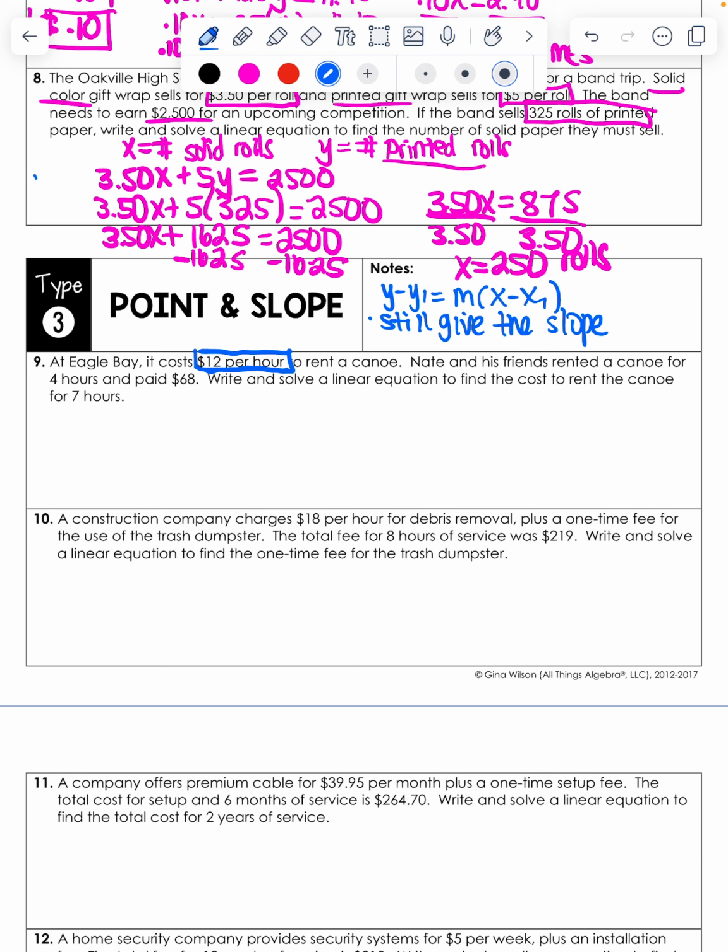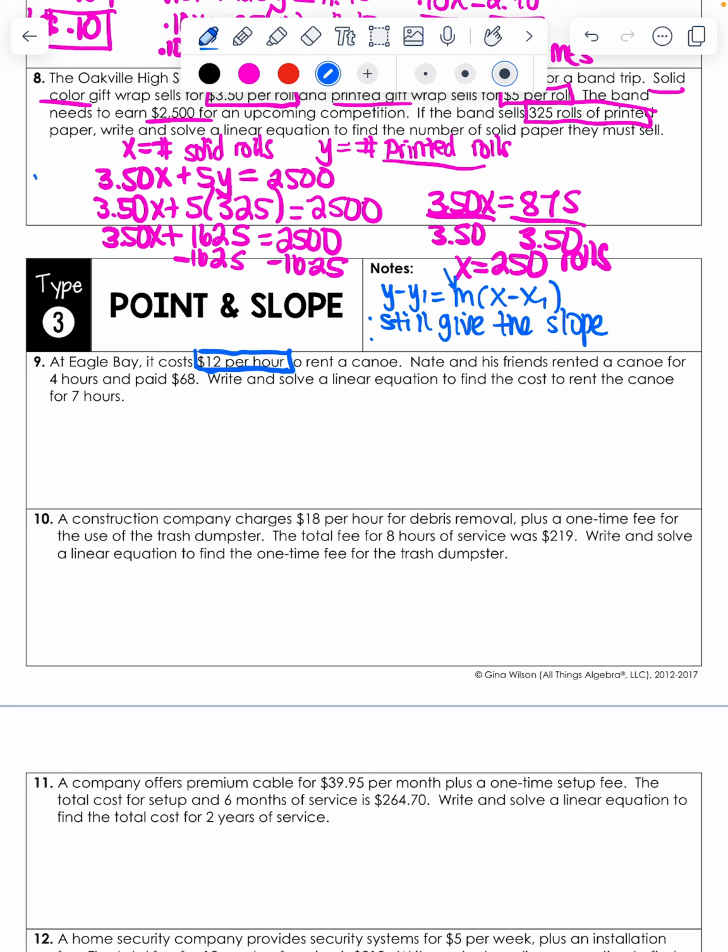Because the slope is always being multiplied by something, whether it's in point slope form, where it's being multiplied by that set of parentheses, or if it's in slope intercept form, it's just being multiplied by x. It's something that's being multiplied because it's a recurring payment or a recurring growth or whatever the case is.